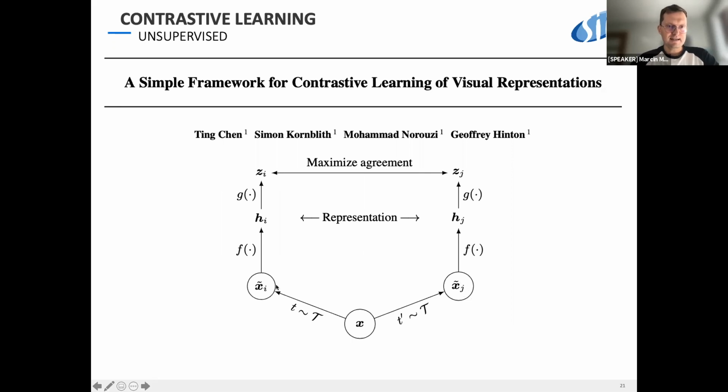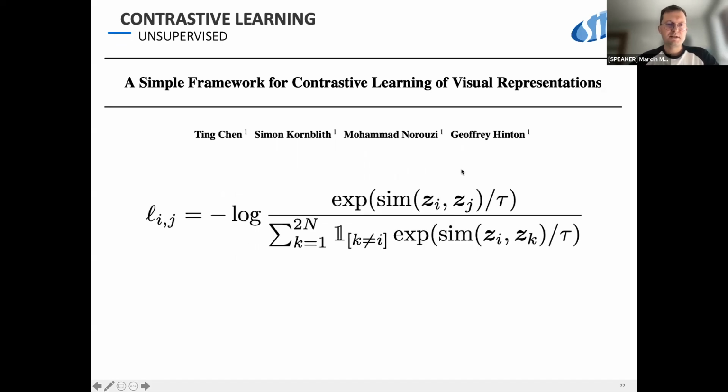And as Xi and Xj are basically the same example because they are just slightly modified versions of X, we would like to make their representations similar. And this might be achieved with the help of normalized cross entropy. So given a positive pair of representations, Zi and Zj, that correspond to Xi and Xj, which are just the altered versions of X, we would like to make those similar.